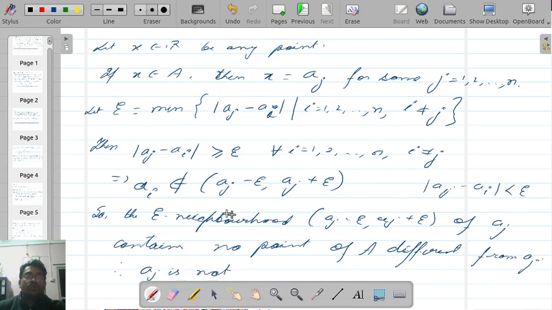We have produced an epsilon neighborhood which does not contain any other point of A, so a_j is not a limit point.